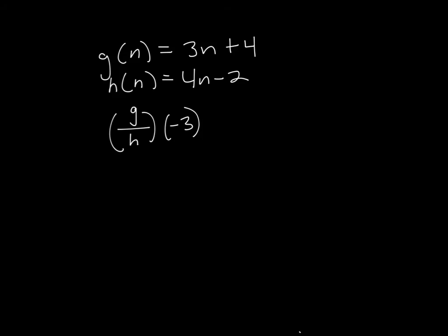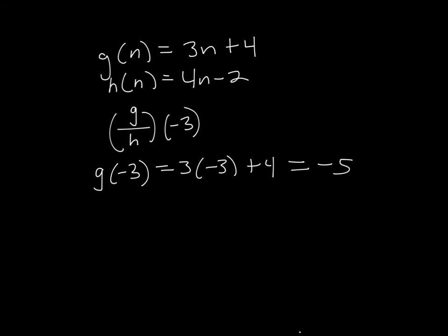So let me do it a couple different ways. Let me show you. g of negative 3 equals 3 times negative 3 plus 4, which is negative 5. Right? This is negative 9 plus 4, which is negative 5.